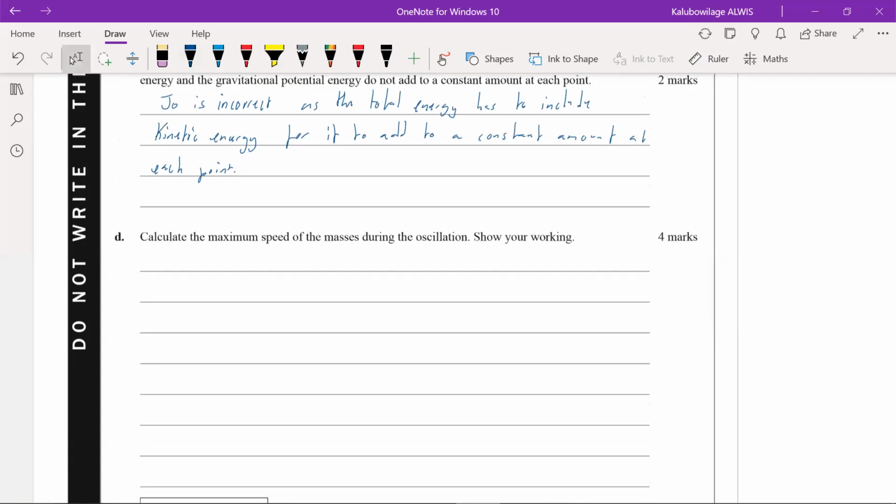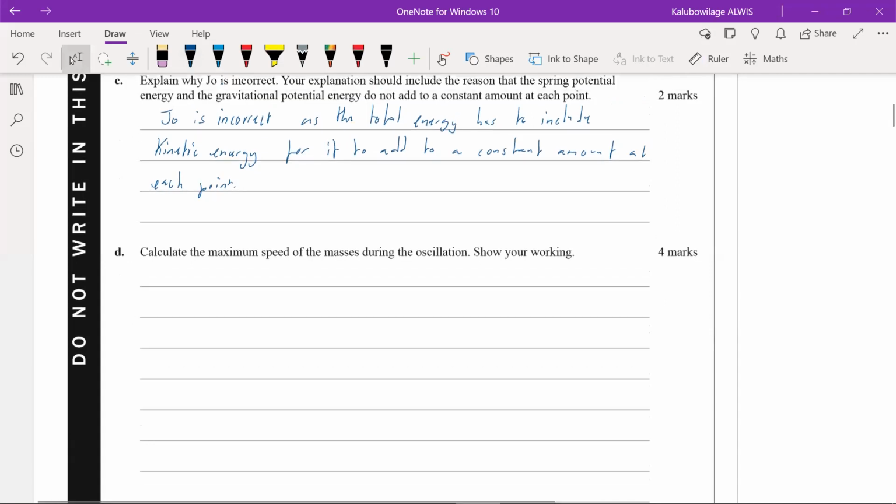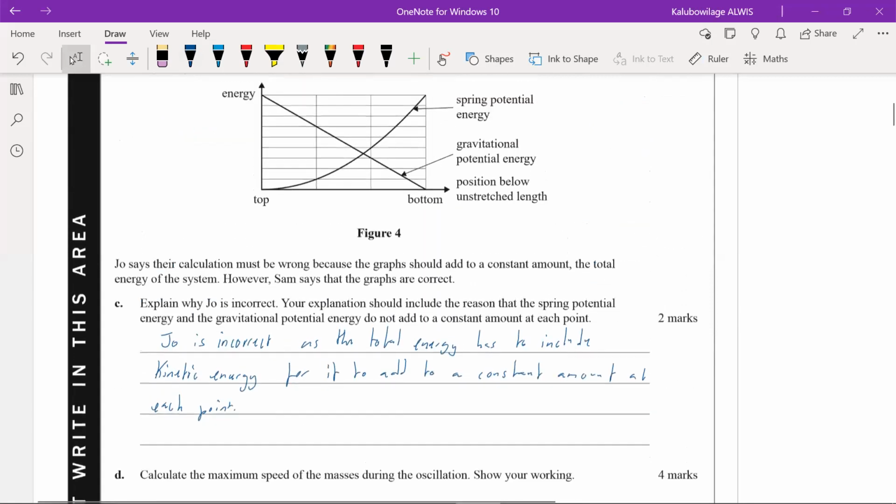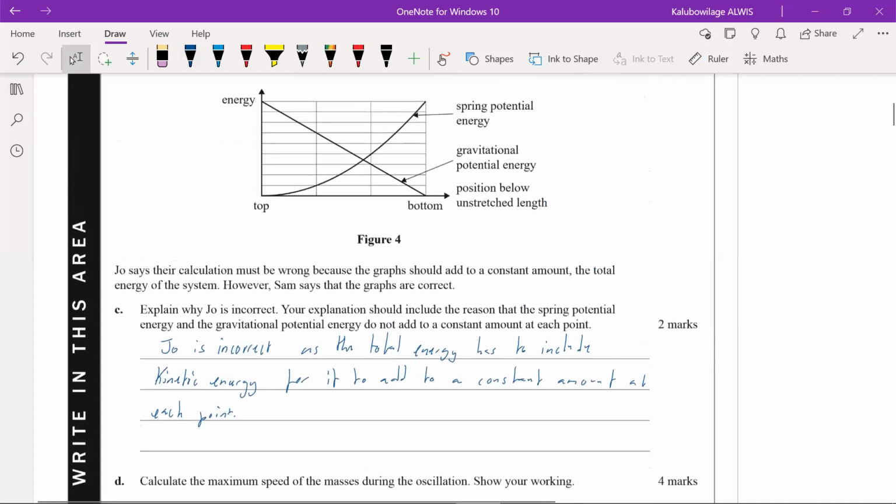Calculate the maximum speed of the masses during the oscillation. At the highest point, it's just gravitational potential.